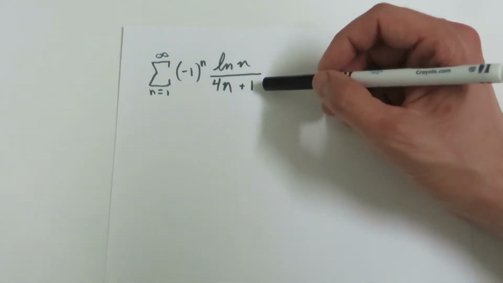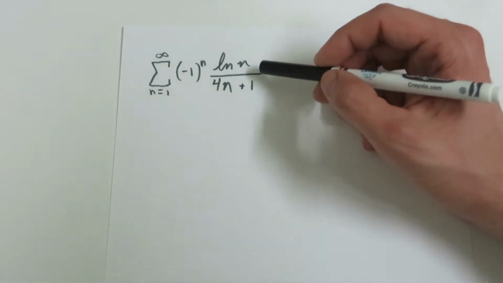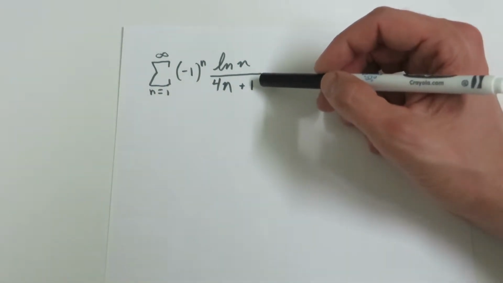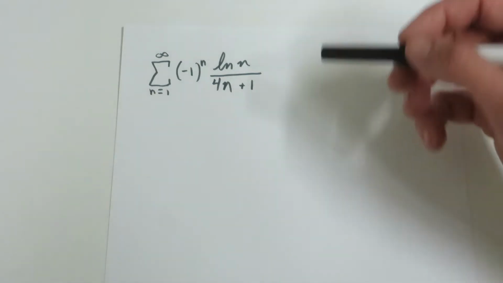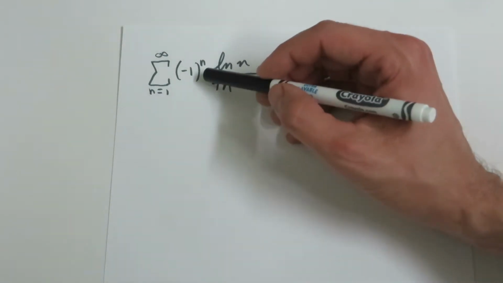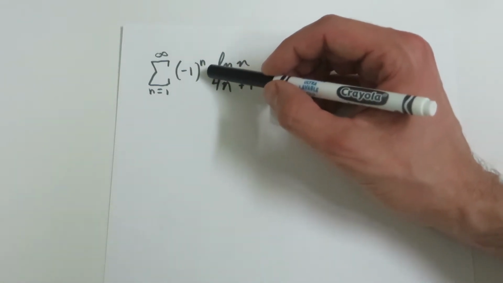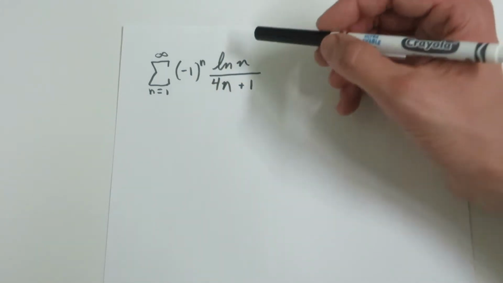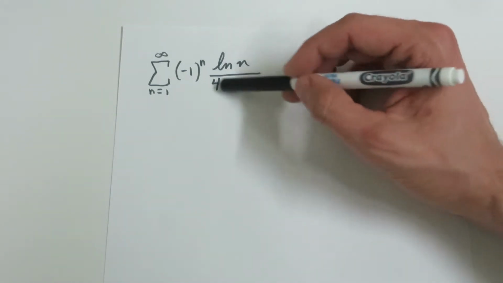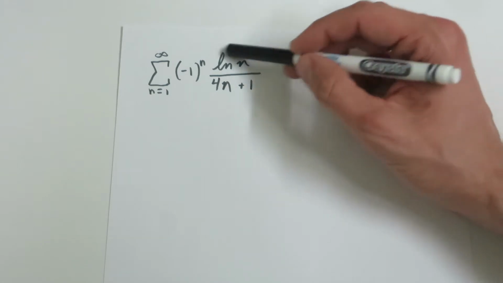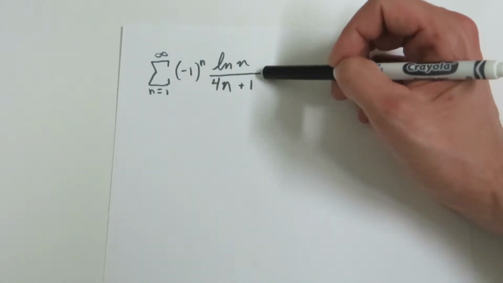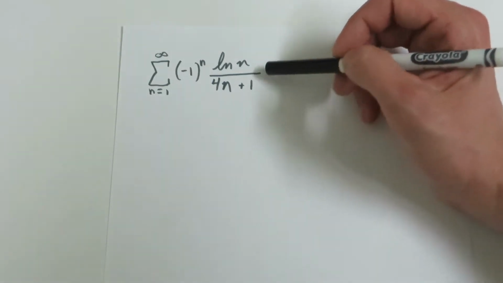But let's use our limit comparison test here. For starters, we have an alternating series, so we're first going to see if that meets our conditions for the alternating series test, and then we're going to use our limit comparison test to see if the non-alternating part would converge or diverge as a series, which would make it absolutely or conditionally convergent.